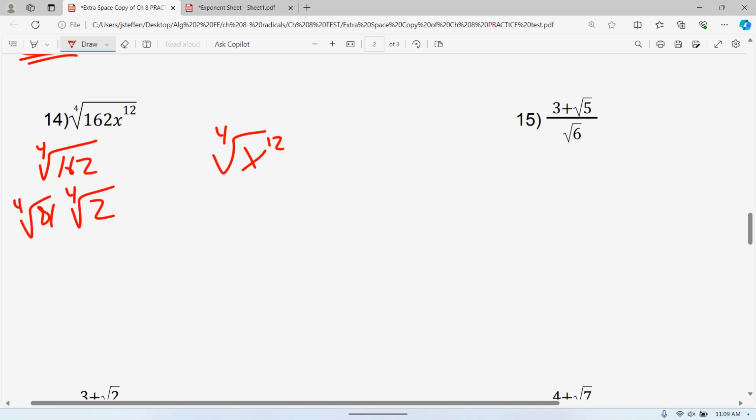The square root of 81 is 9, and it's an obvious mistake if you aren't going too quickly. The 4th root of 81 is 3, I believe. Over here, 12 divided by 4 is 3, so that cancels the radical. So your final answer for this one, 3x to the 3rd times the 4th root of 2.